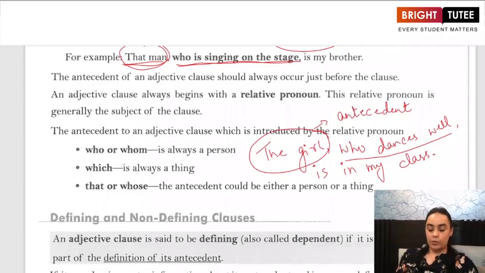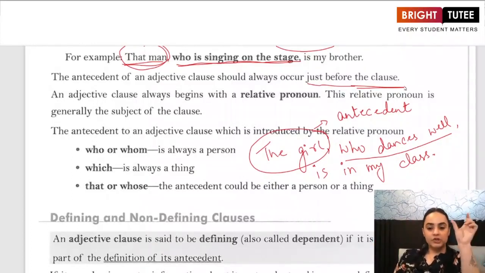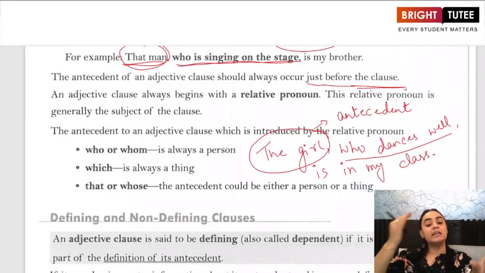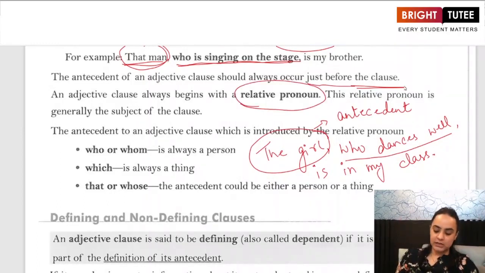Alright? Now, the antecedent of an adjective clause should always occur just before the clause. There should not be any word between them. Okay? It should be a noun immediately followed by the adjective clause. Also, an adjective clause begins with a relative pronoun.